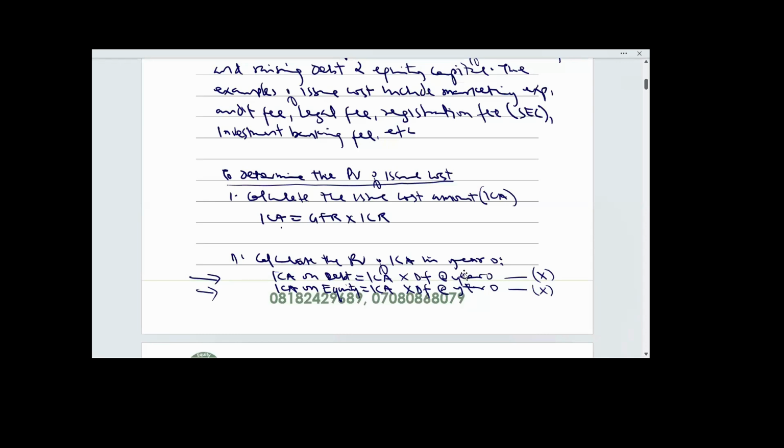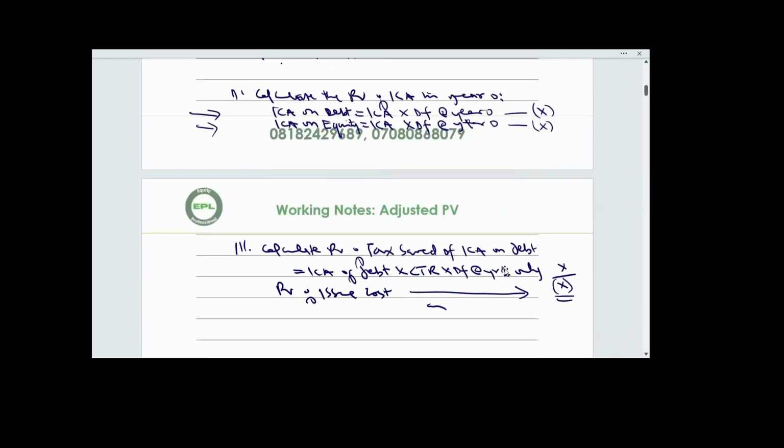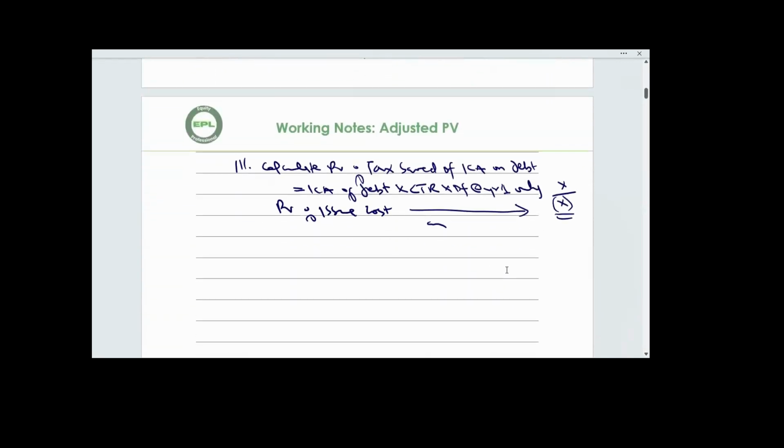In this case, it will be just 3 steps. So just calculate the issue cost amount. Then step 2, calculate PV of issue cost in year 0. Then of course, that is only for debt. Then you calculate the PV of tax saved on issue costs in year 1 only. So nothing for equity if you don't have it.